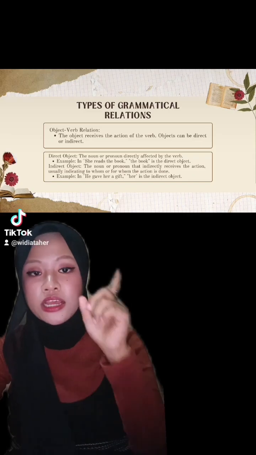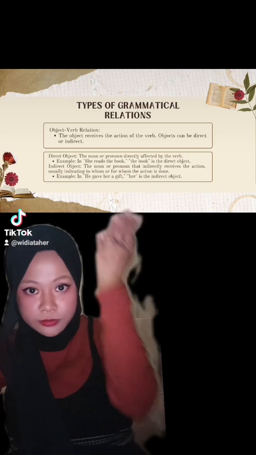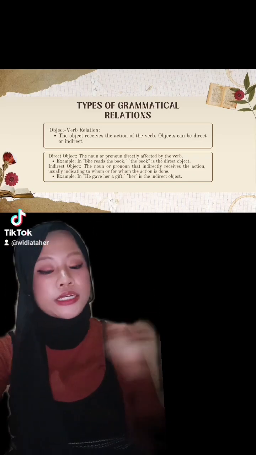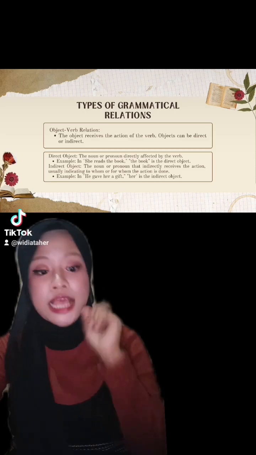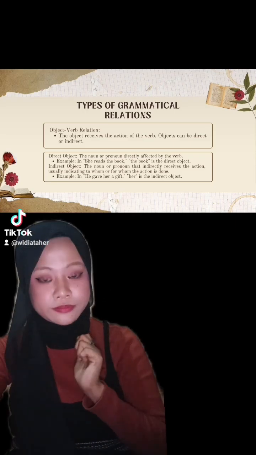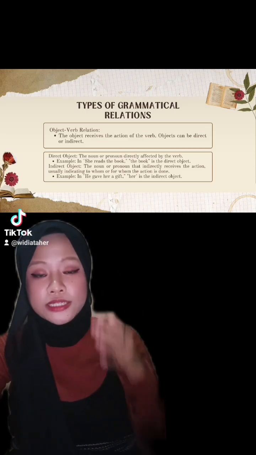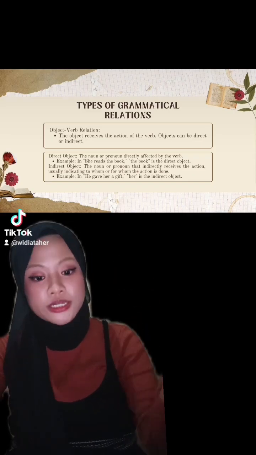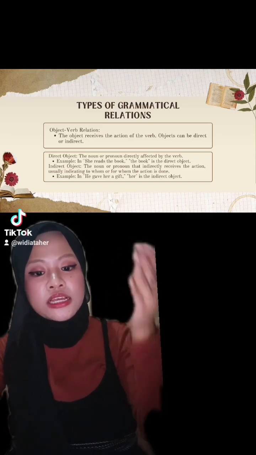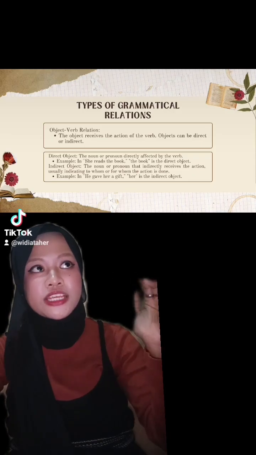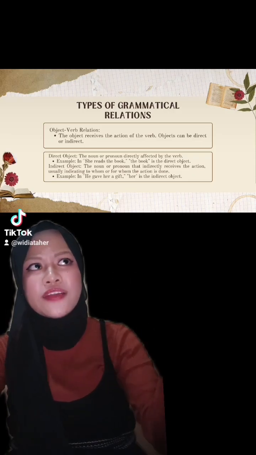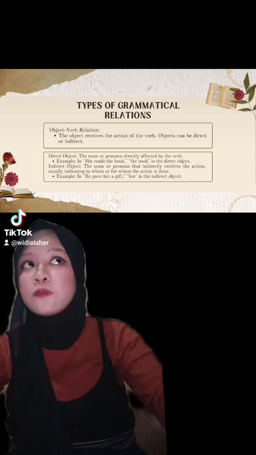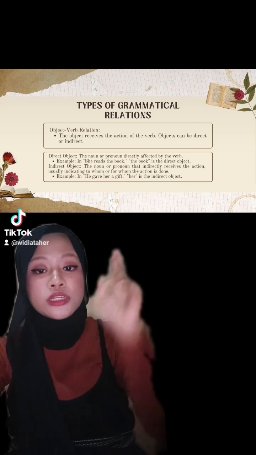Like the example here, he gave her a gift. Her is the indirect object because he gave a gift, the gift is given to her, and it seems like you indirectly give something to the second person.